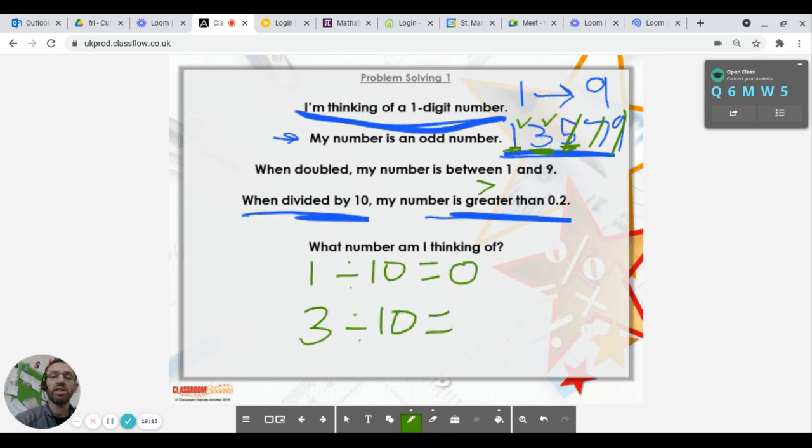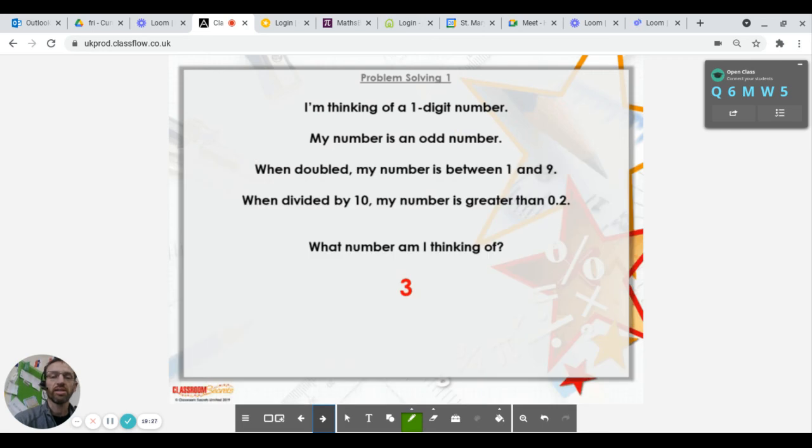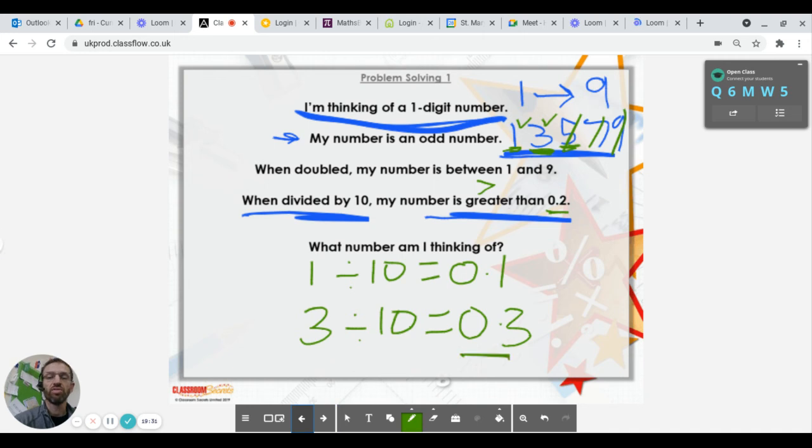Well, 1 divided by 10 is 0.1. 3 divided by 10 is 0.3. Which of these is greater than 0.2? Should be 3. Yes. 0.3 is greater than 0.2. So the answer will have to be 3.